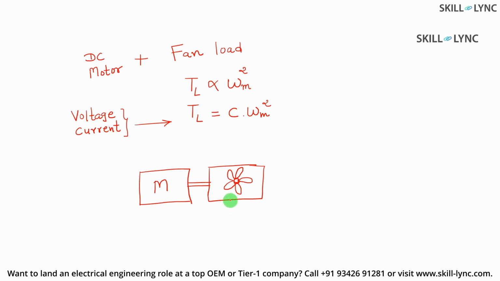And also we need to consider whatever is the inertia of the fan load. So basically this torque speed characteristic can be modeled in a MATLAB environment like this. The equation is the first one, and we can have inertia also added, which is going to be the weight of all the wings of the fan and maybe the rotor inertia of the motor as well.